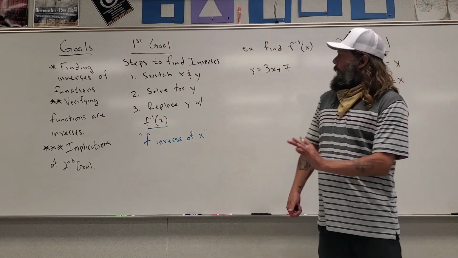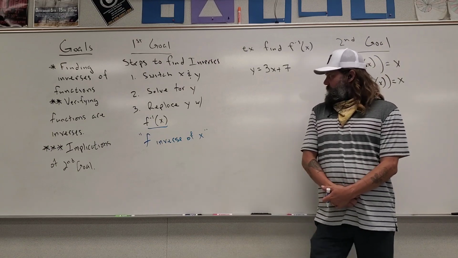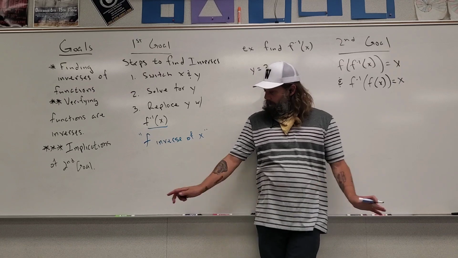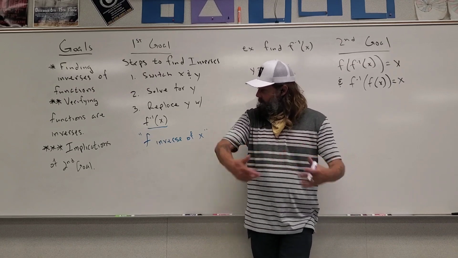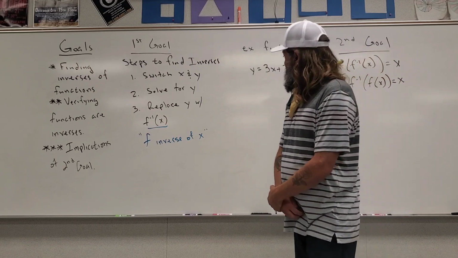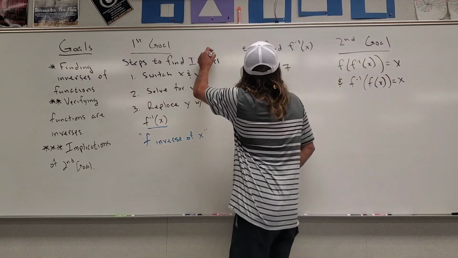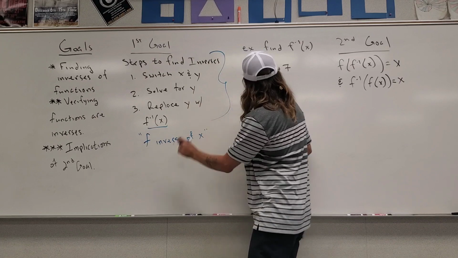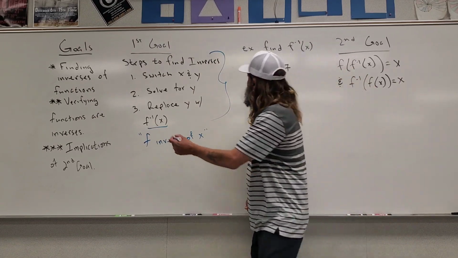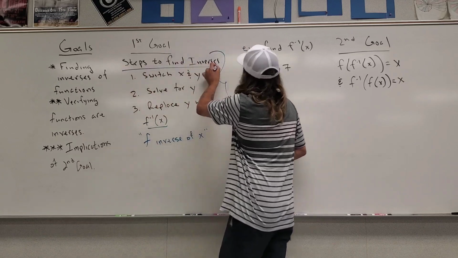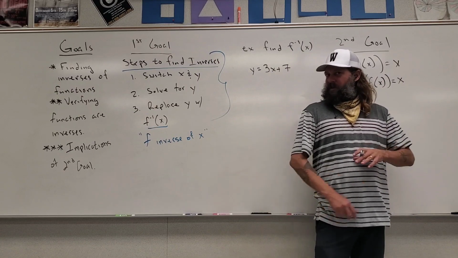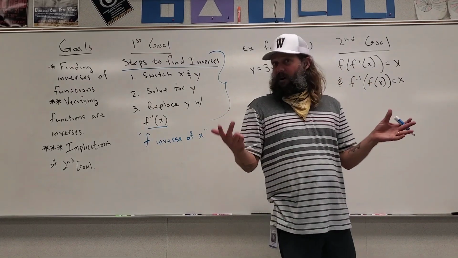And by the way, we are building a cheat sheet in this class. It's a blank piece of paper and I'll tell you to add things, because I want you to have quick access to concepts. This would be a really good thing to put on your cheat sheet. Even this, I would just title it steps to find inverses. And I would put this on a piece of computer paper or a nice piece of lined paper that you could easily find.